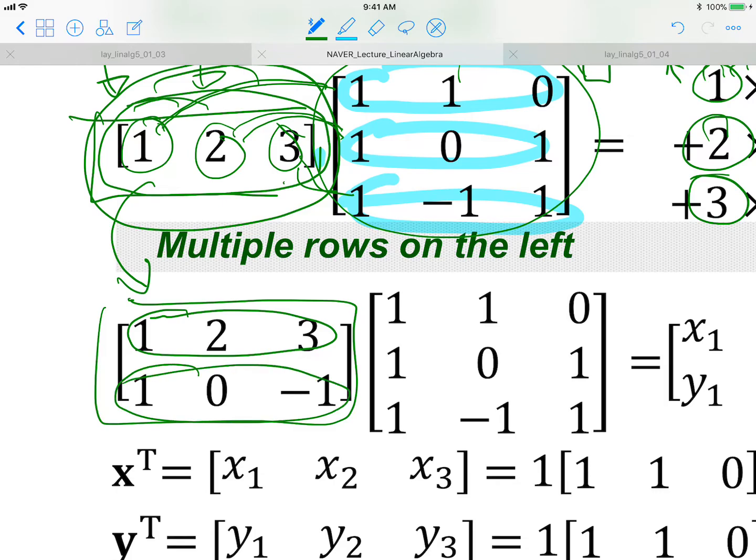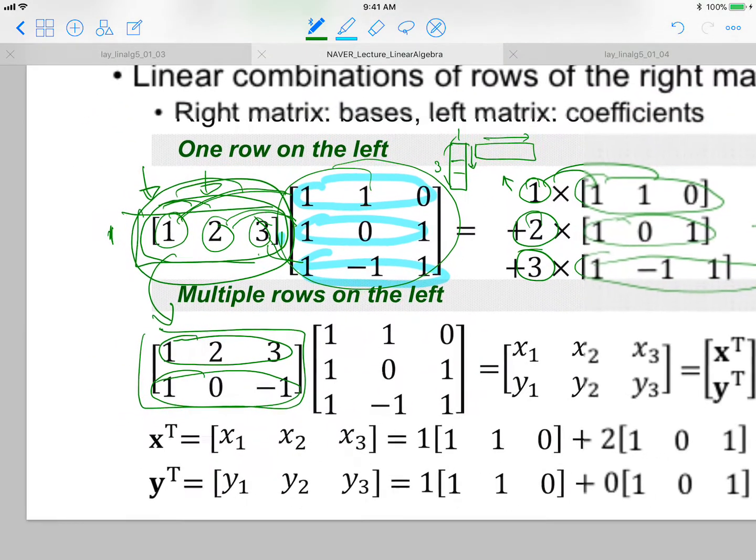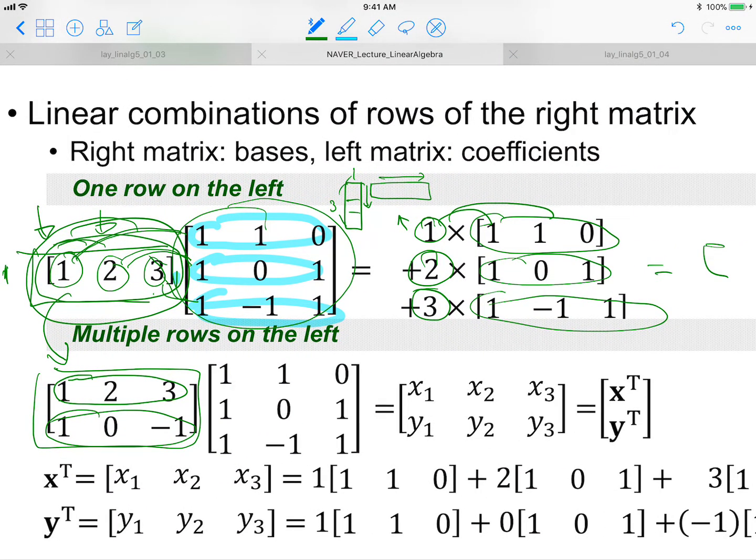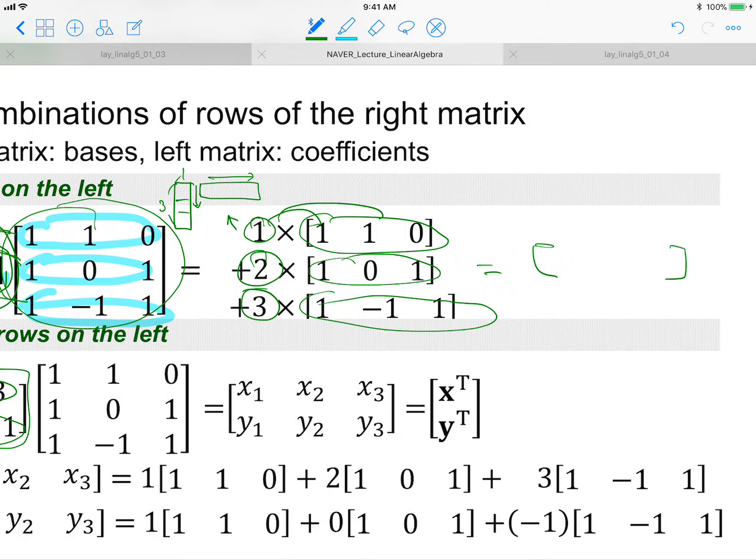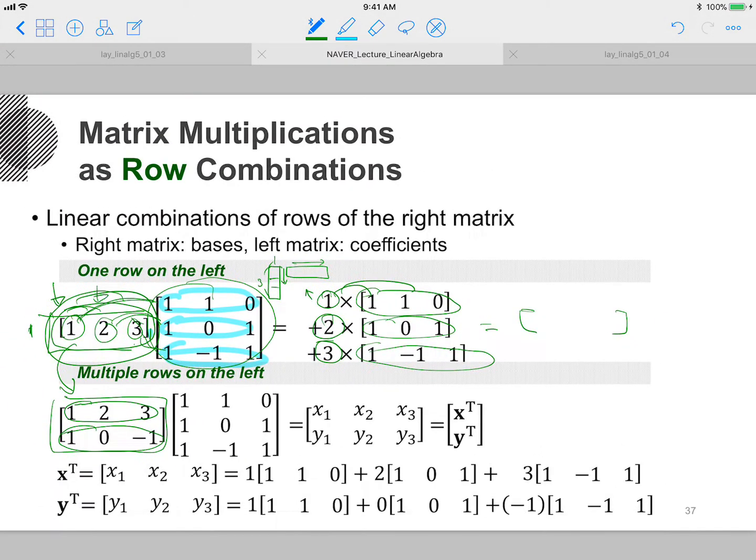Initially we had a single row on the left, and thus the resulting matrix had a single row. So this number will be the same in terms of size, but we have 2 rows.